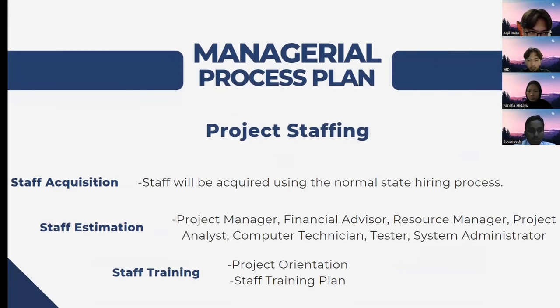Project staffing. There are 3 main points. The first is the staff acquisition. The staff will be acquired using the normal state hiring process. The position will be prepared and processed through the normal human resource channel. Next is the staff estimation. We estimate that we need a project manager, financial advisor, resource manager, project analyst, computer technician, tester, and system administrator.